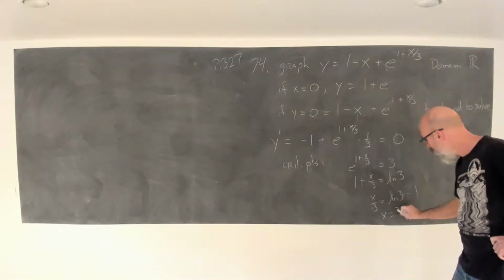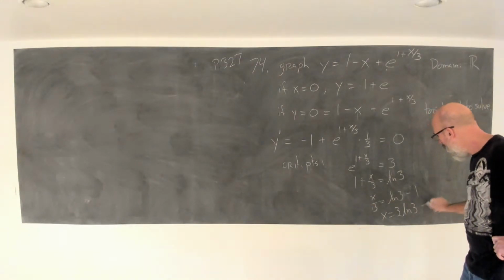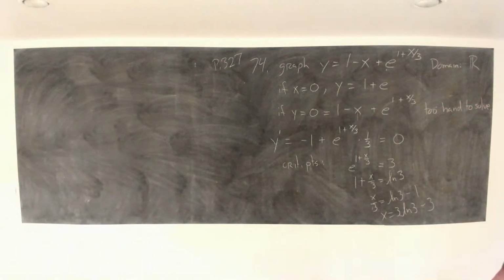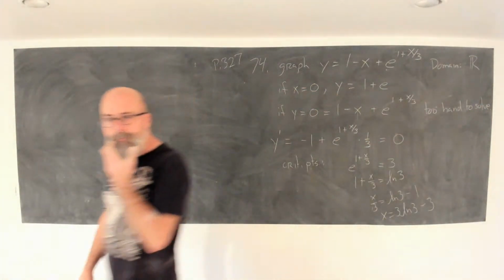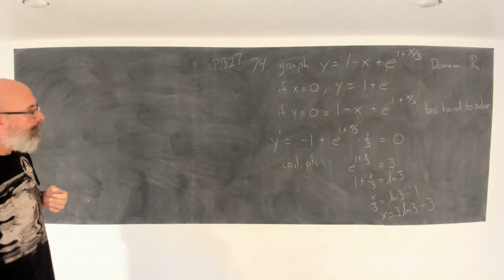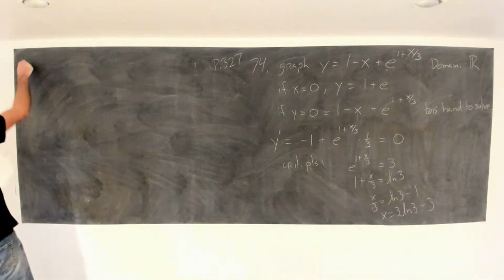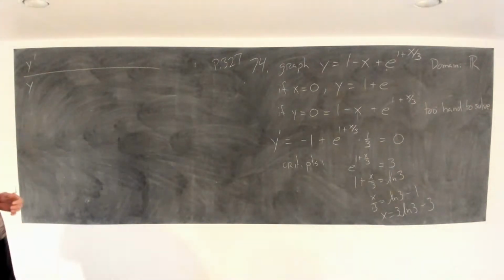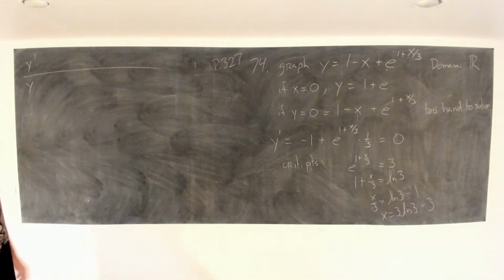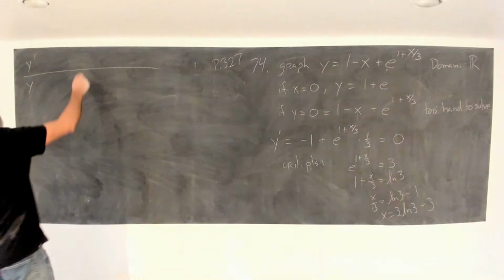So x is 3 ln 3 minus 3. Very well. Let's do a first derivative chart. Only one critical point, 3 ln 3 minus 3.